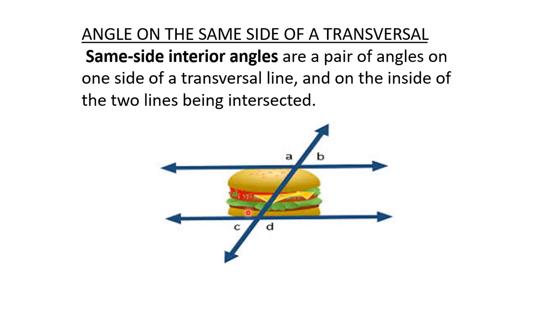In the same way, there are angles on the same side of a transversal. Now you are getting some idea about the angles on the same side of a transversal. Let's talk about what these angles are.